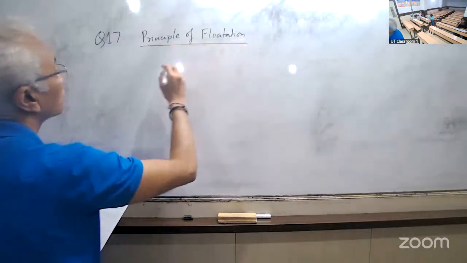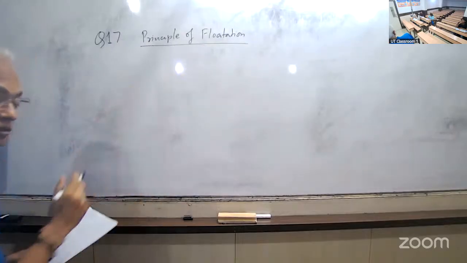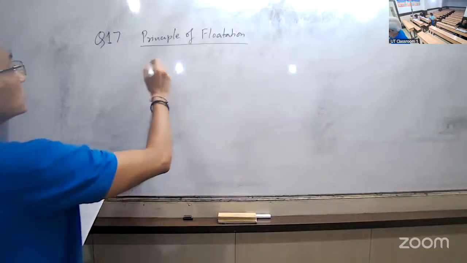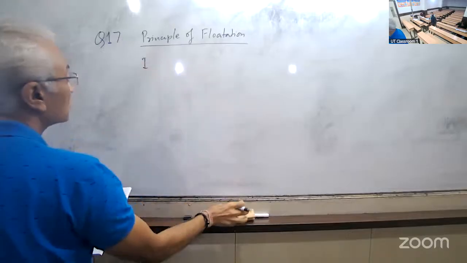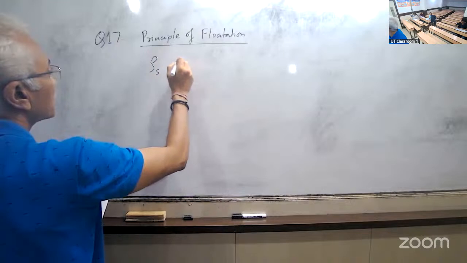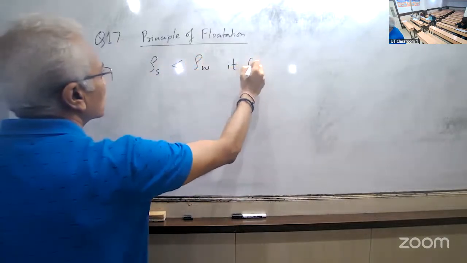What is the principle of flotation? What kind of object floats in water? One whose density is less than the density of water. So if the density of a substance is less than the density of water, it floats.